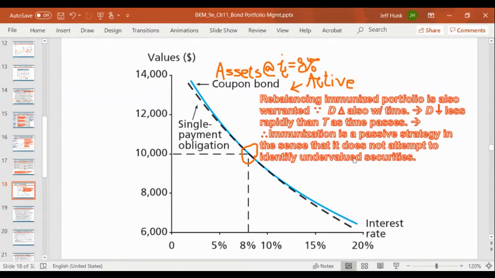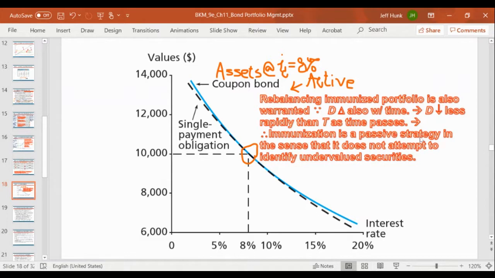But anyway, the act of rebalancing is already an active management behavior. It's not a passive behavior, right? So that's why immunization is not really a passive strategy.